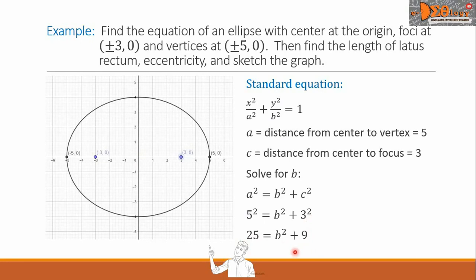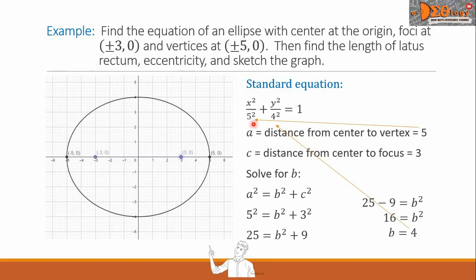Solving for b squared, we will transpose this positive 9 to the left side. So we have 25 minus 9 equals b squared. The difference is 16, and if we take the square root, we get b equals 4. So this b here, we will use to substitute in here, and the value of a is already given in the problem.